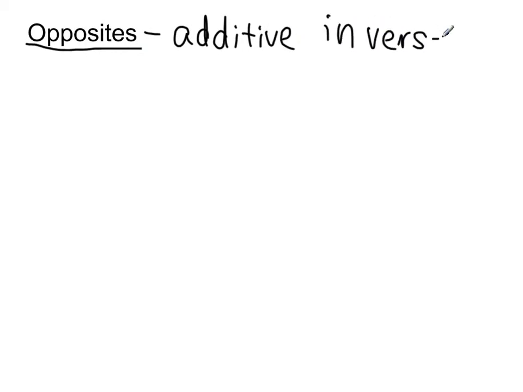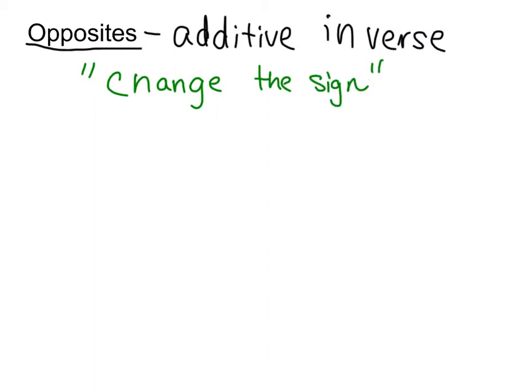Alright, so let's talk about opposites. Opposites are very, very nice. Opposites, or we can call them additive inverse, is the fancy math name. In more layman's terms, basically they change the sign. So, let's say we started off with 3.